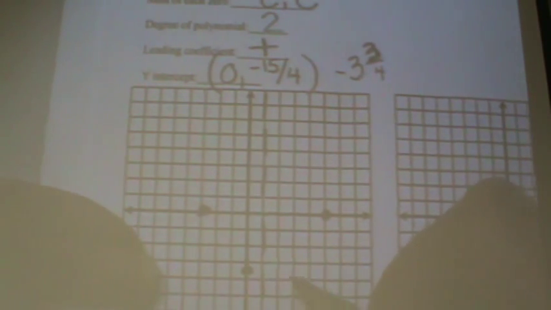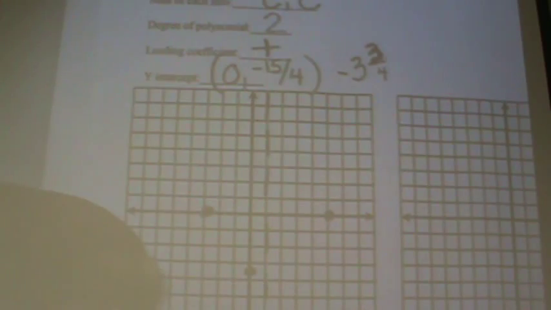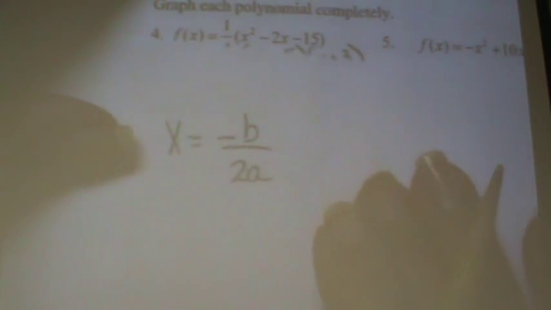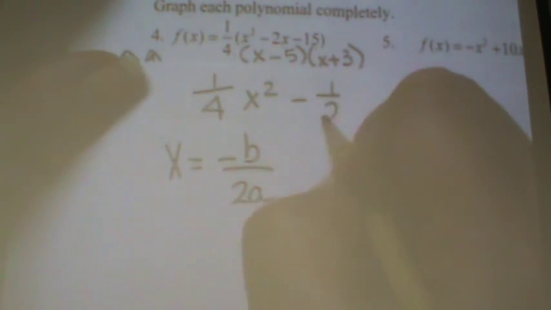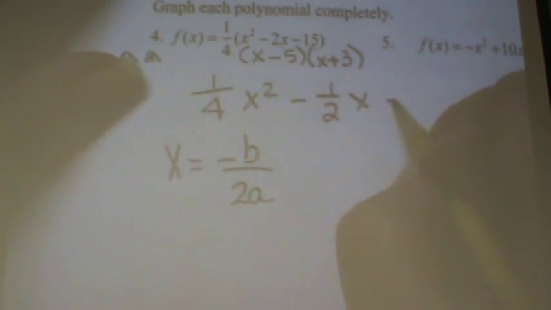vertex, which is, can you do that really quick? X is equal to -b over 2a. This is a review. If you were to distribute, you get 1/4 x squared, then 1/4 times -2 is -1/2 x, and then -15/4.